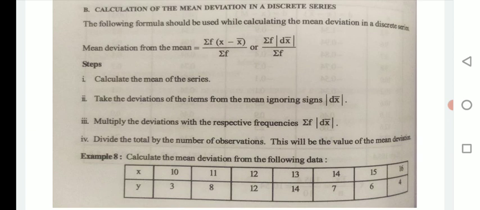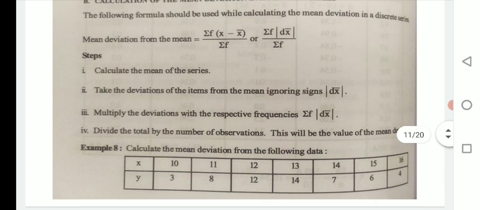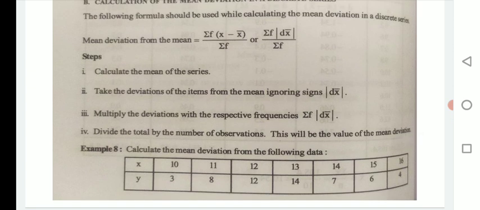In the example you can see there are two variables: the variable x, and the frequency given for that x variable, denoted by y. So the x row represents observations, and y represents the frequency for this problem.